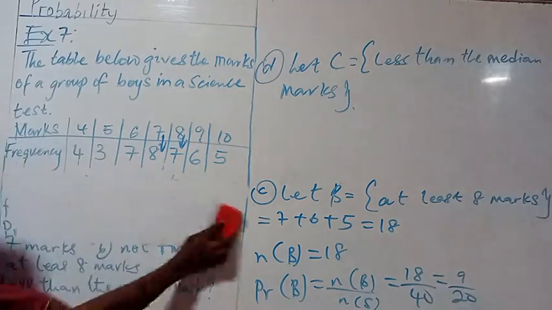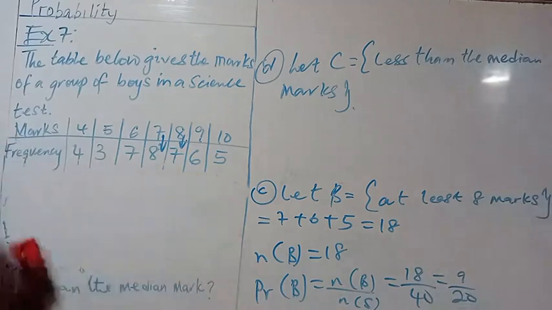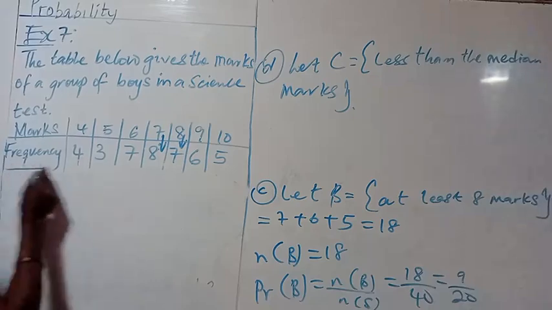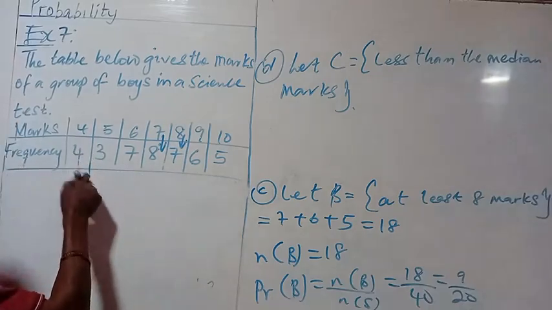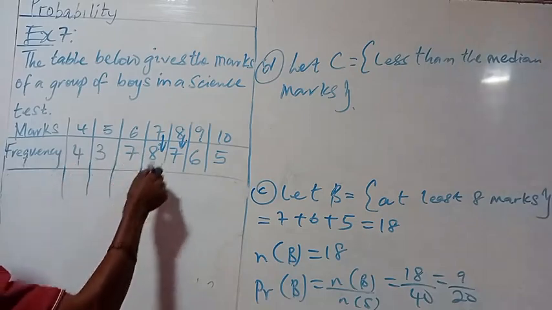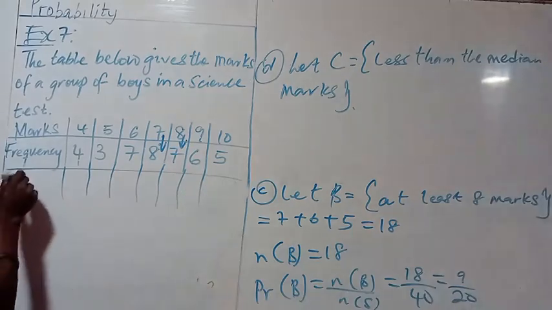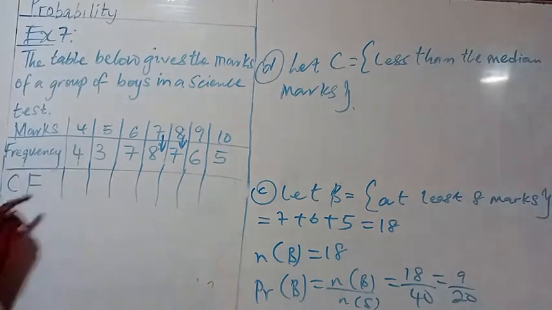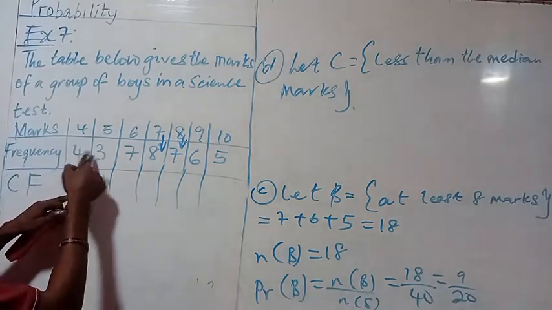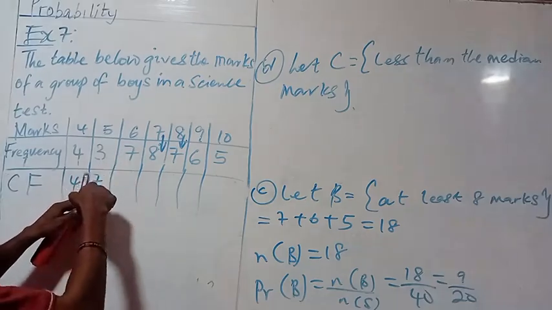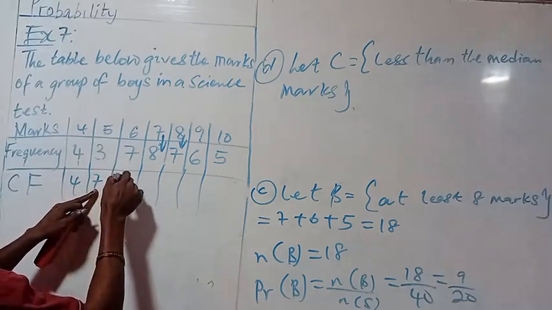In this case, I will advise you to add your cumulative frequency of psi less than the median mass. So let's say we have CF less than the median mass. We have 4. This plus this will give you 7. This plus this will give you 14.